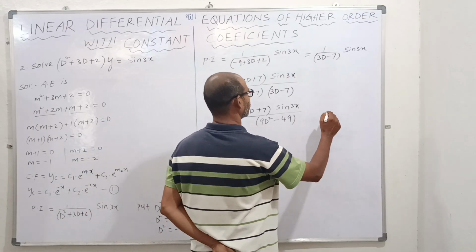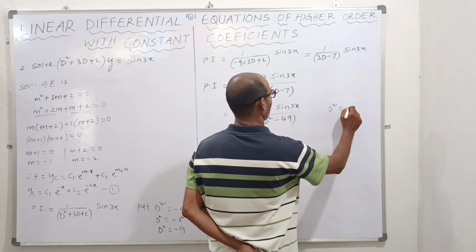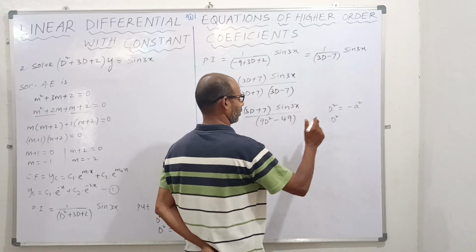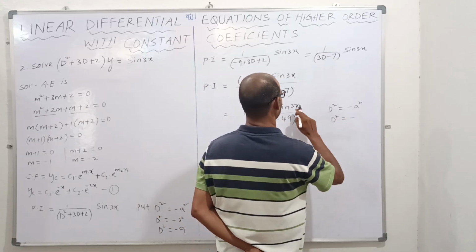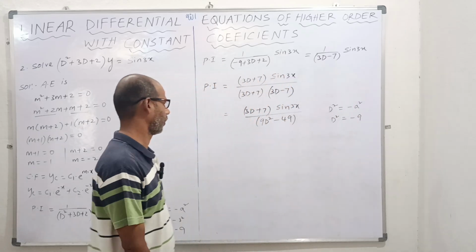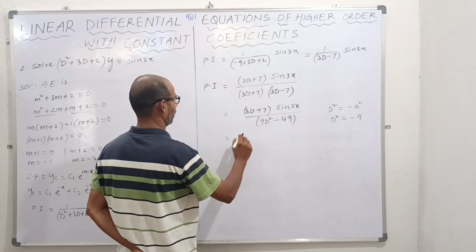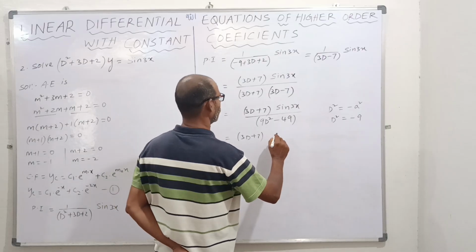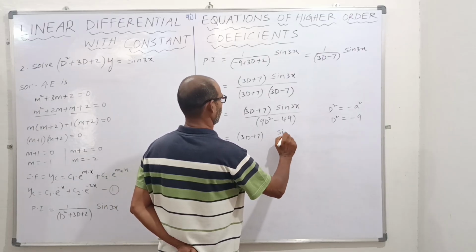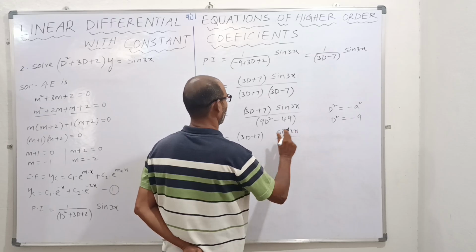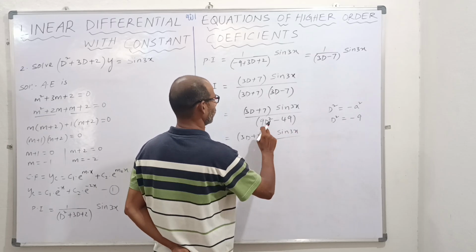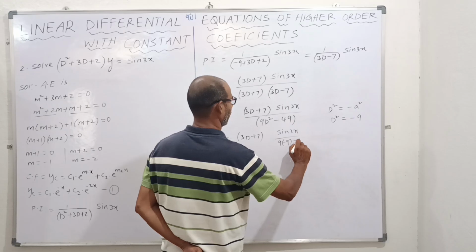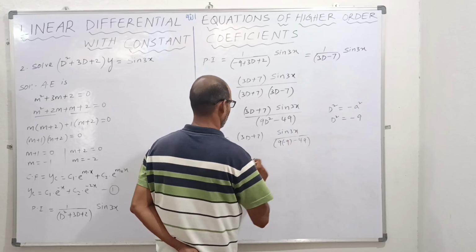Again we put D square is equal to minus a square. Here a is the coefficient of x in sine, so D square is equal to minus 3 square, that is minus 9. So 9 into minus 9 is minus 81, minus 49, so the denominator is minus 130.